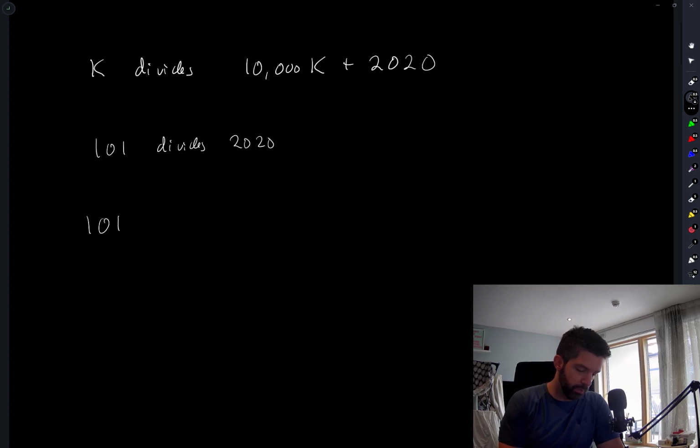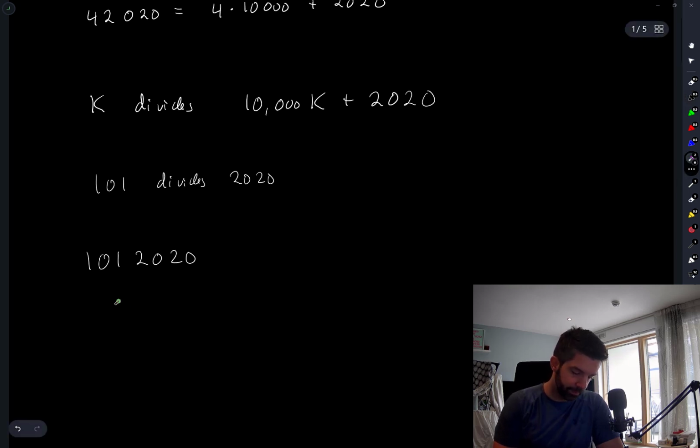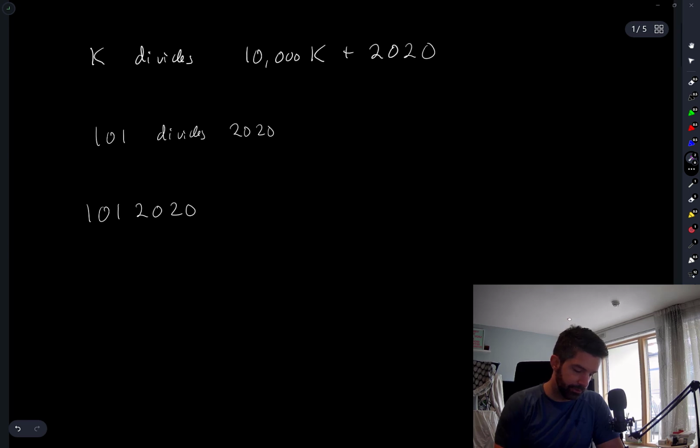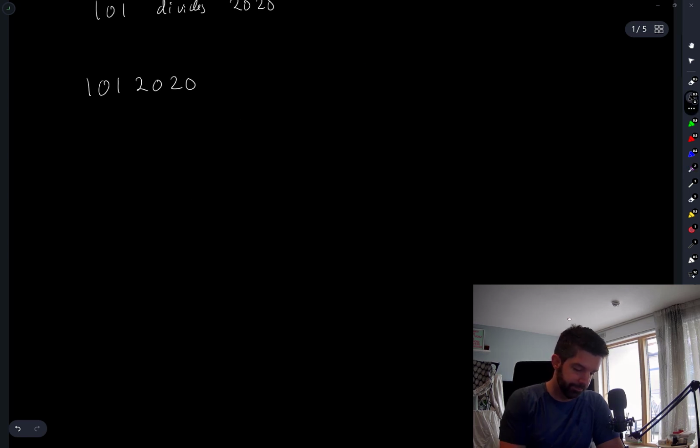So then I have the number 101 2020, right? This corresponds to K equal to 101. So I have 101 multiplied by 10,000, and then I put a 2020 after that. And the number 101 also certainly divides that, right? If I take this and divide by 101, I get 10,000 plus 20. Yeah, so I'm just looking for all the factors of 2020.